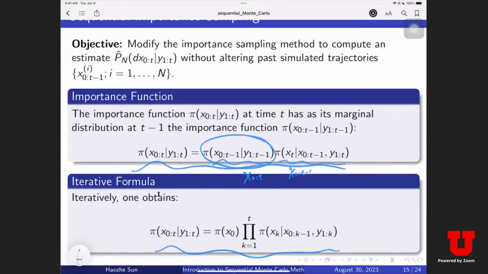If the pi structure follows your Markov assumption, assuming it's still a Markov chain, and given each x, y are conditionally independent, yeah, this is true. So you're assuming your importance function also follows this structure, right? Yes.